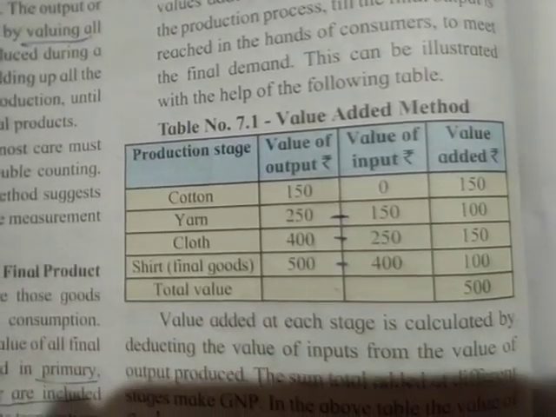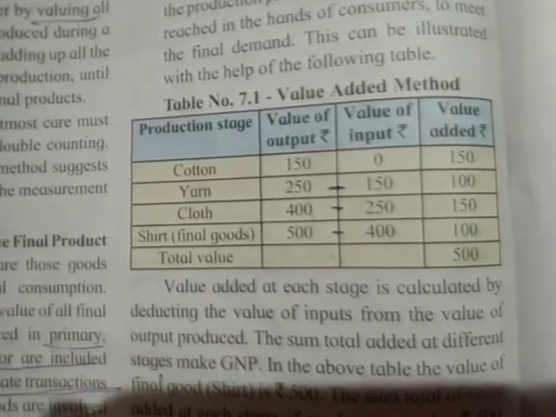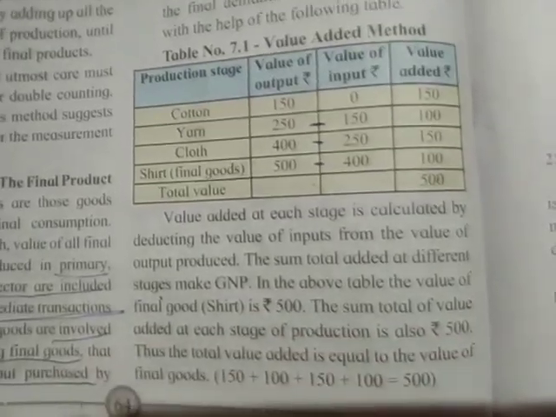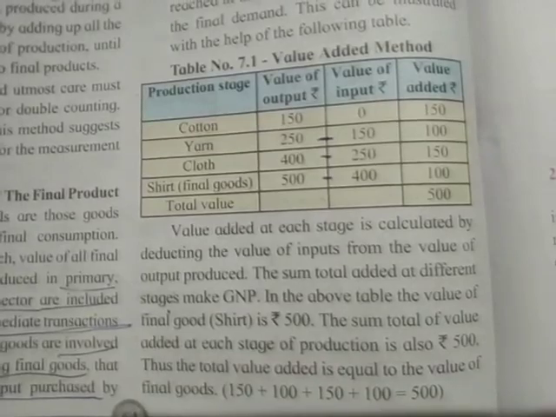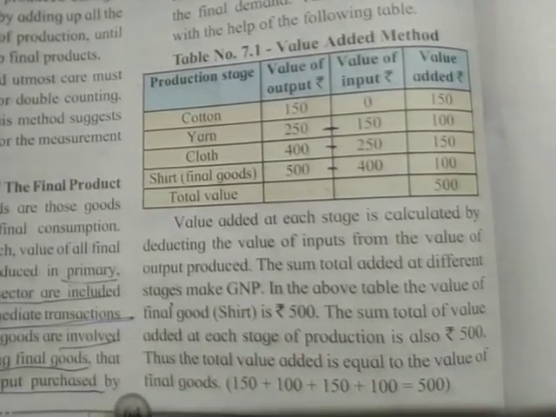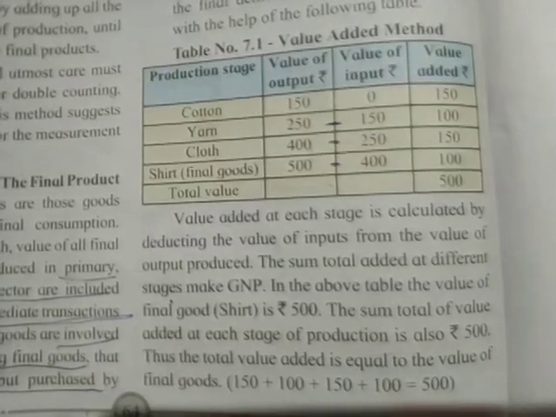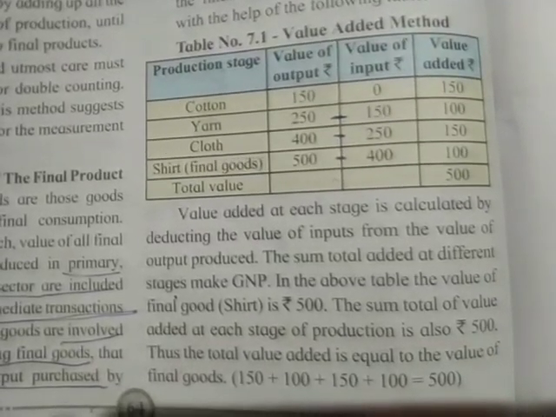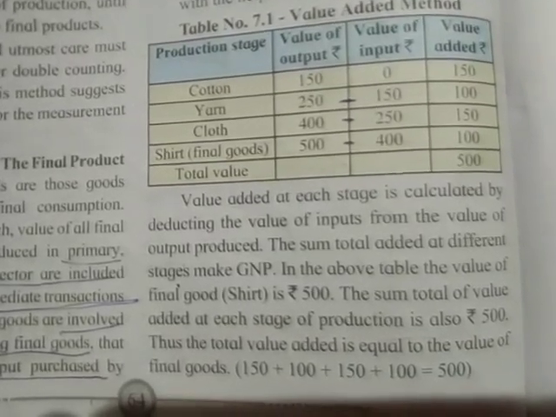This can be illustrated with the help of the following table. Table number 7.1, Value Added Method. Value added at each stage is calculated by deducting the value of inputs from the value of output produced. The sum total added at different stages make GNP.